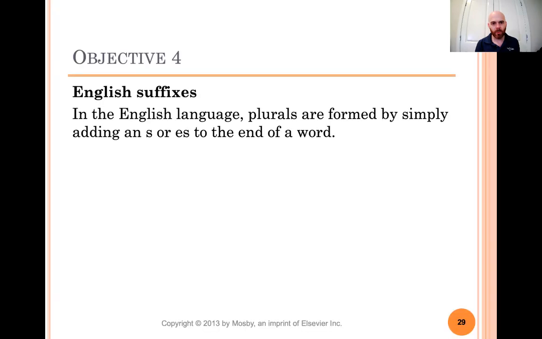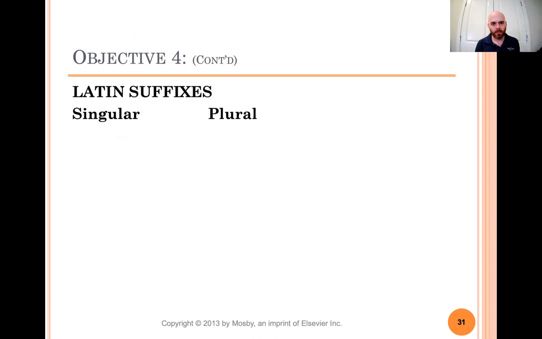Let's talk about some plurals. Sometimes Latin and Greek suffixes end in A's and E's to make things plural. Sometimes in aces, sometimes ices. You don't really have to memorize that.